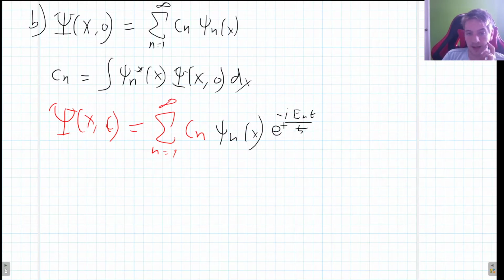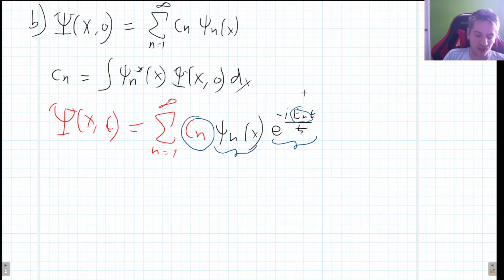There we go. So this is our goal. We have to find these coefficients because we already know the rest. The energy we already know for this infinite square well. So the whole issue here is just to find these constants Cn.